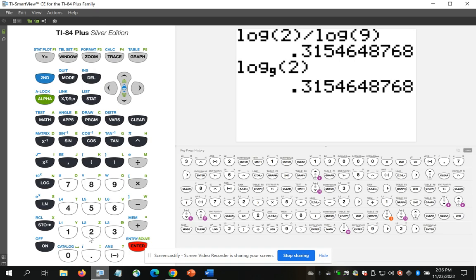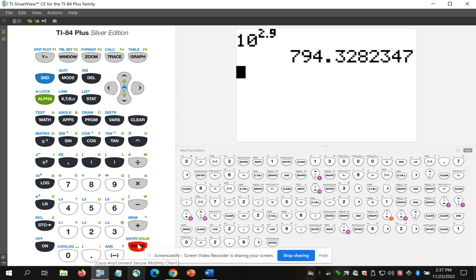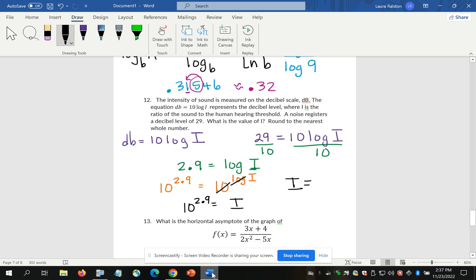But I need my calculator. So I would go 10 raised to the 2.9 power and hit enter. And we get 794.32 dot dot dot.